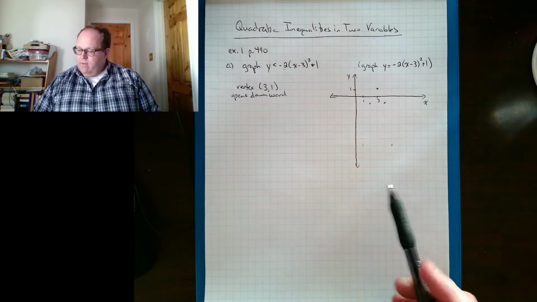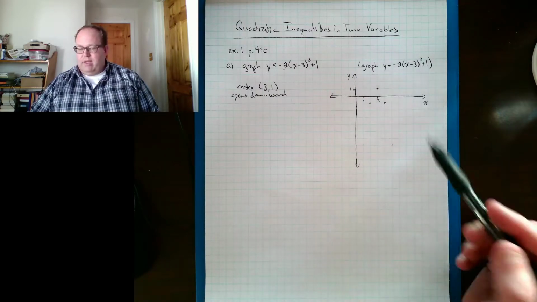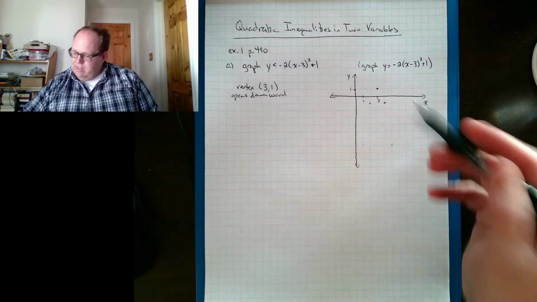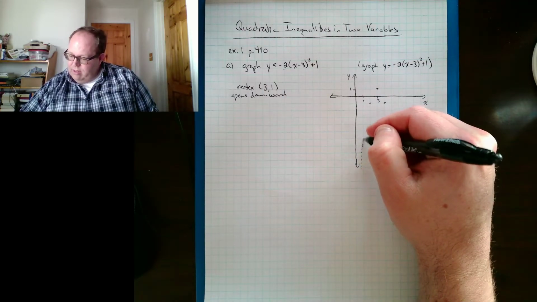Now, instead of just drawing a solid line, like I would with the equality, since this is an inequality, the fact that it's less than means my shape will be outlined with a dashed or dotted line.